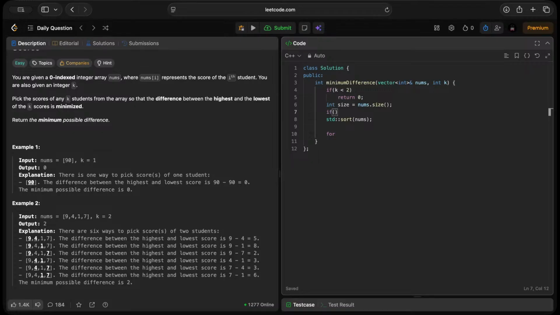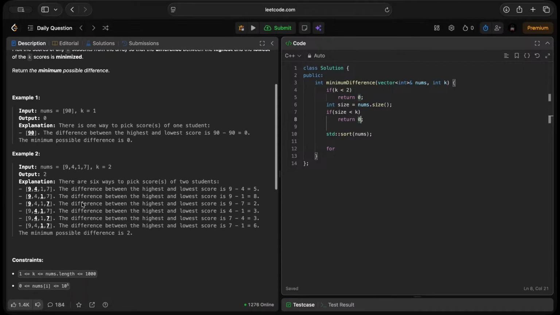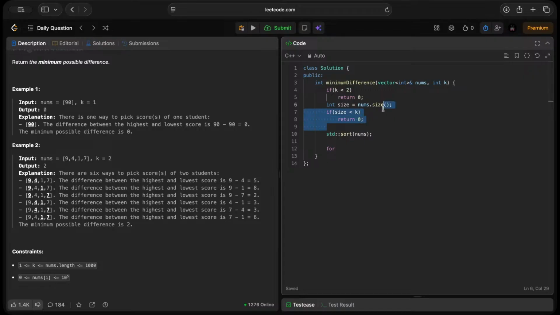If, I think we return that. We return 0 to that too. Because I think if our k can't do that, right? There's not an example for that. I don't know. I don't think that's right.